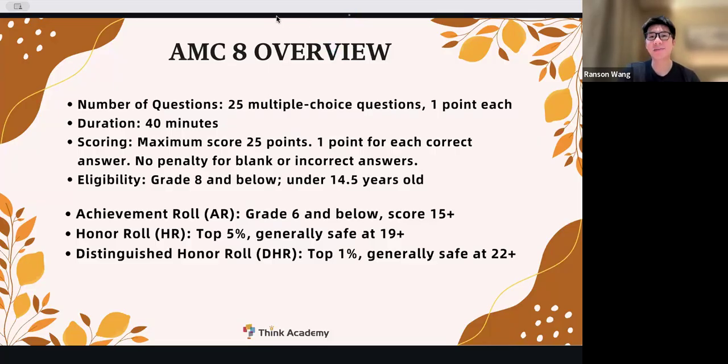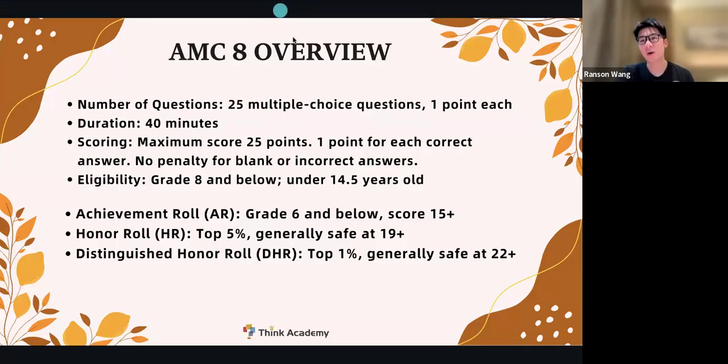Can someone type in the chat box: on average, how many minutes do I have to finish each question? No? Okay. So that's roughly 1.6 minutes. Yes, 40 divided by 25. It's an easy calculation, right?